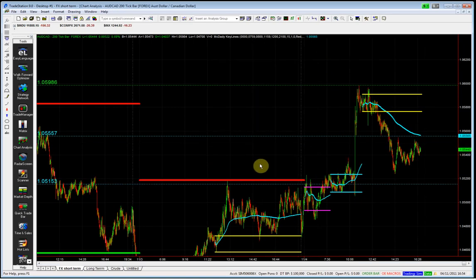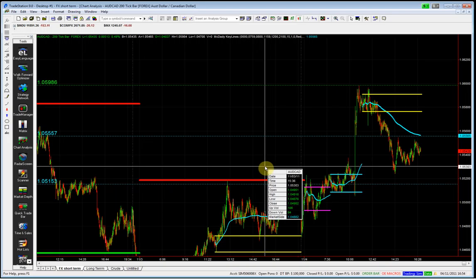So the short point is 105.15. Your short stop is going to be 105.30.